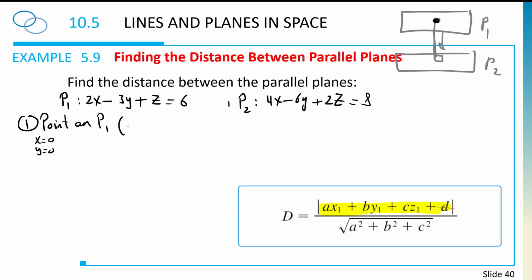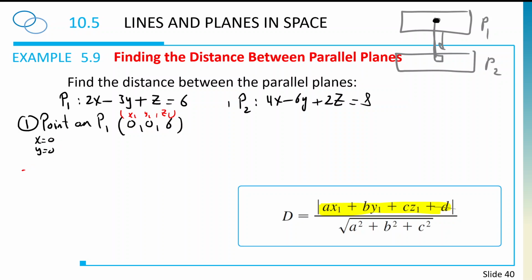Then the point will be 0, 0, 6. This point for us is x1, y1, z1. Now we have the point. You can take any point, but I just took these for easy calculation. I let two of them be 0, like finding an intercept, one of the three.